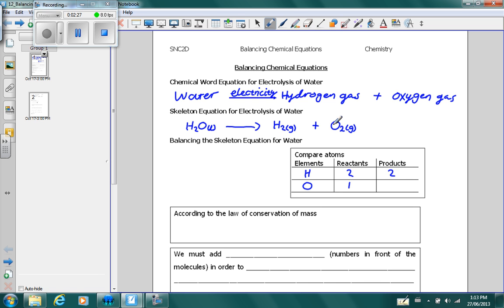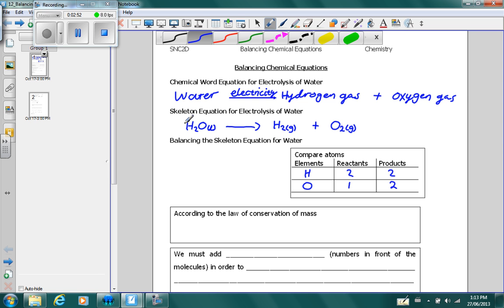Remember, I'm no longer counting the number of molecules, the subscripts are counting the number of actual atoms. And as we know from the law of conservation of mass, the mass of the reactants equals the mass of the products. So the number of the atoms in the reactants must equal the number of atoms in the product side.